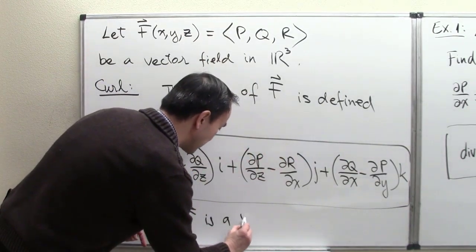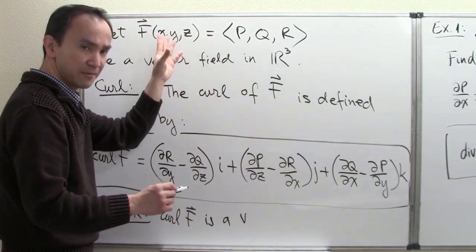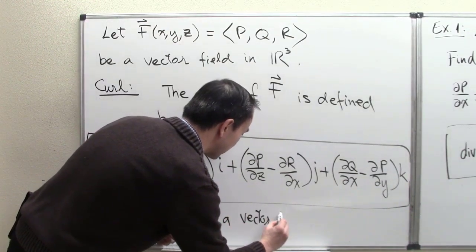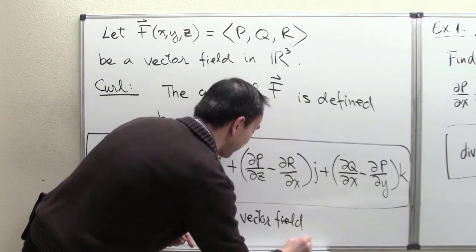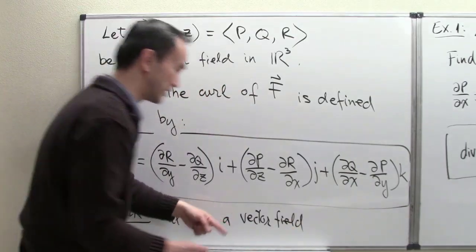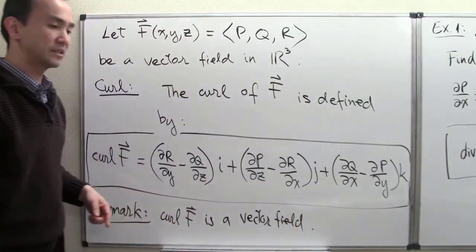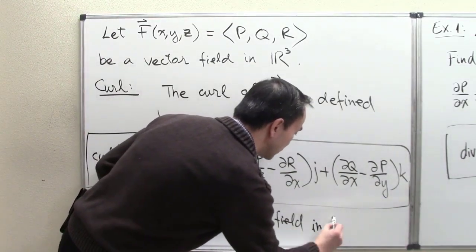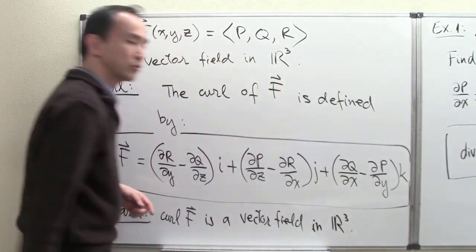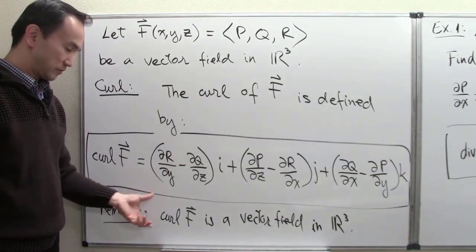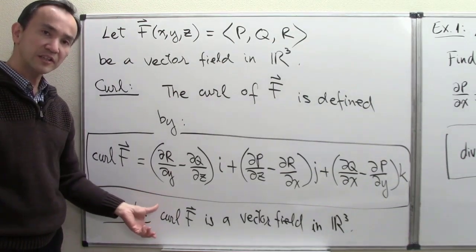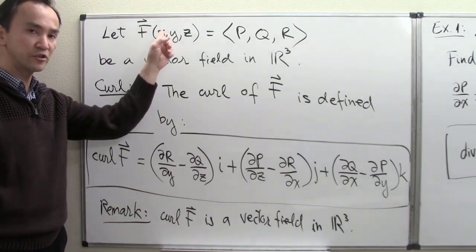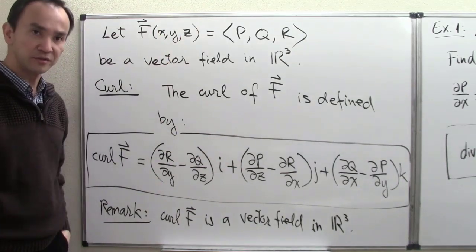So not necessarily the same, and it shouldn't be the same, but it's another vector field. Okay, so the curl of F is a vector field. That's one important thing right here, and more precisely, a vector field in R3, with three components. So keep in mind the curl of any vector field is another vector field itself. Being the same with the original vector field, that's a different story to consider.